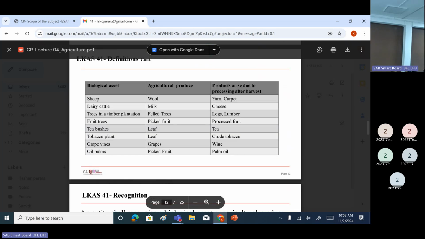You can identify what the biological assets and agricultural produce are. Products arising due to processing after harvest are the inventory, finished goods, right? This area you can't consider as biological asset or agricultural produce. Keep in mind, that's really important.